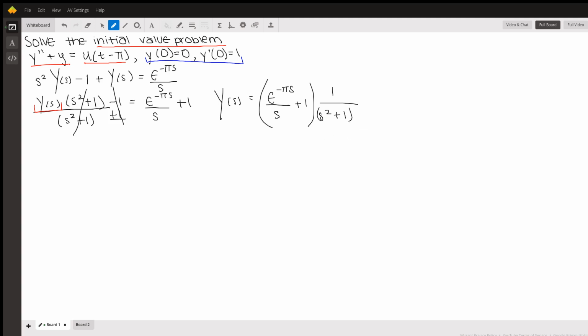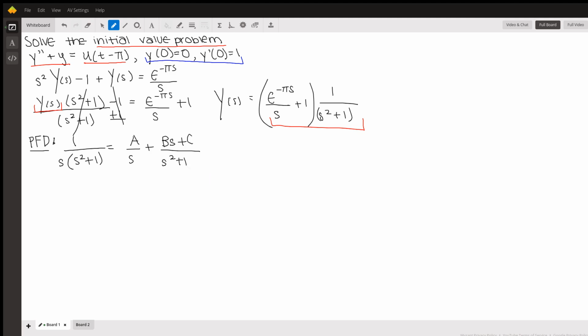And then, since we know this, we can use partial fraction decomposition. So we could take 1 over s squared plus 1, which we get from over here, and write it as A over s plus Bs plus C over s squared plus 1.